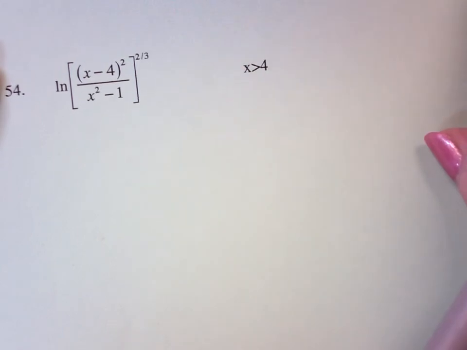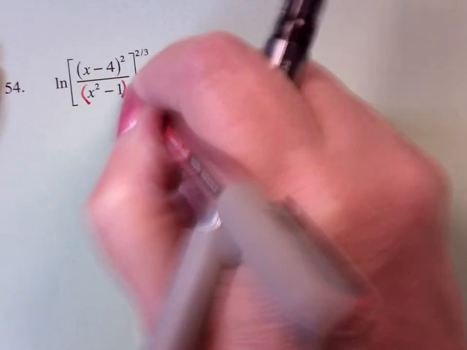Another way that you could look at it is this way. This is x squared minus 1 to the 1 power.